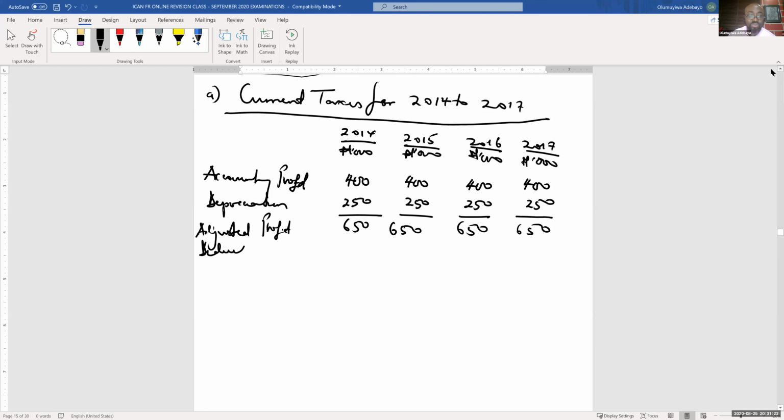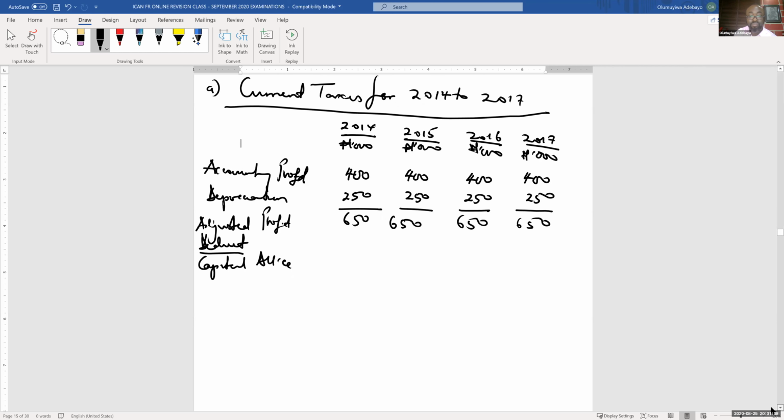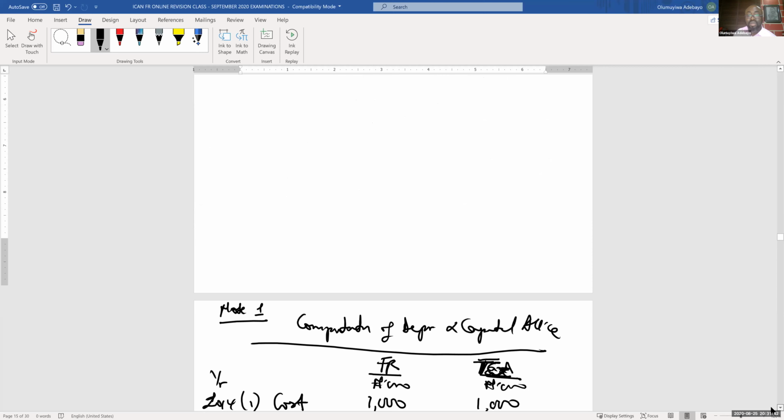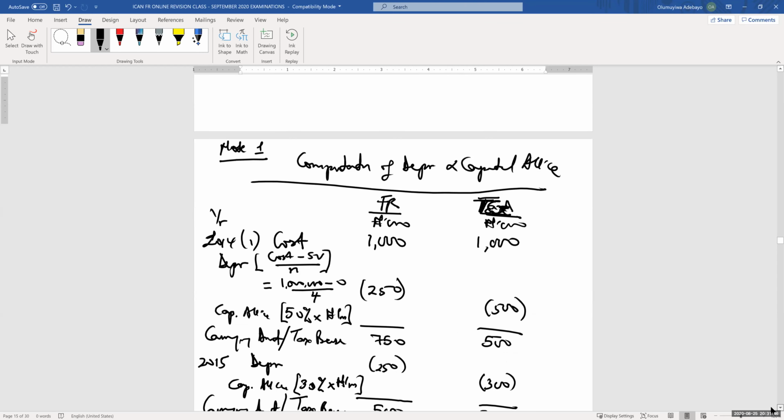Now, what do we do? Since there's no loss to be relieved, the only thing to be deducted is capital allowance. I remember we've used a stone to kill 2 birds by computing our capital allowance alongside depreciation. And if you remember, what are the capital allowances? Year 1, 500. Year 2, 300.